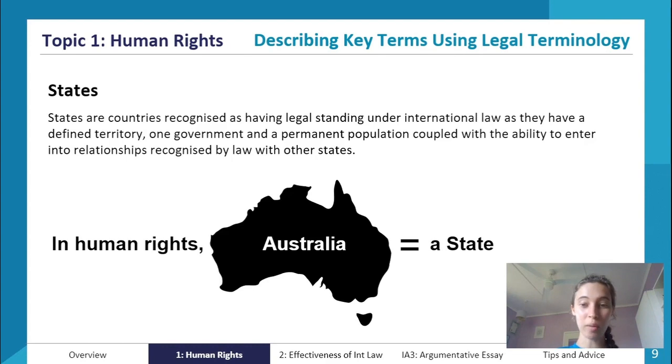And a permanent population. We definitely have that since we are all here today. And they have the ability to enter into relationships recognized by law with other states, so other countries. We'll see throughout today's lecture that that is definitely the case for Australia.